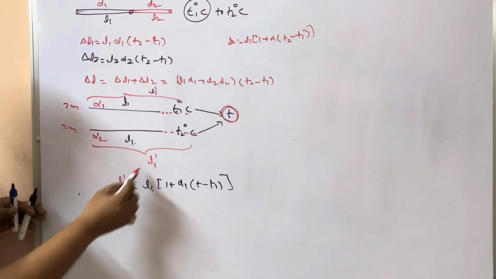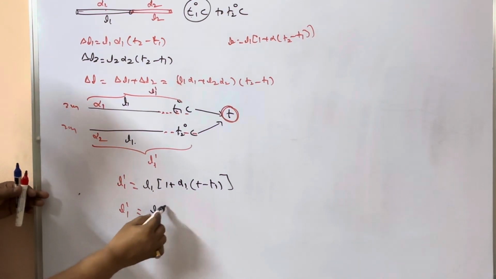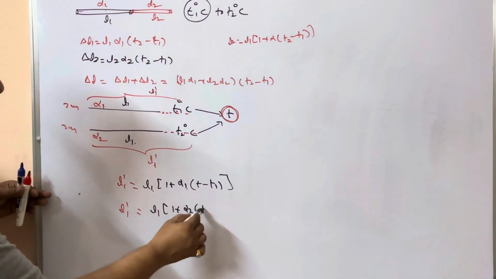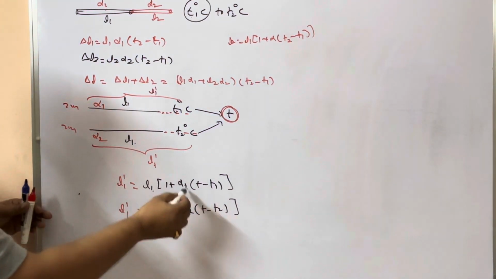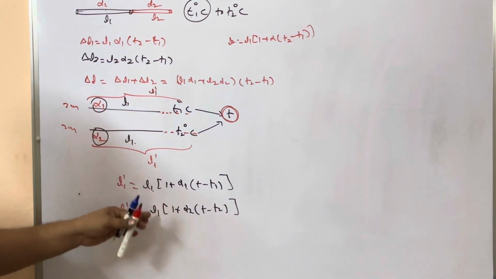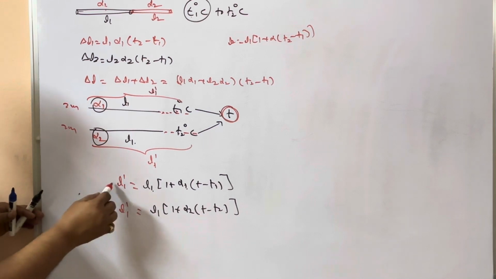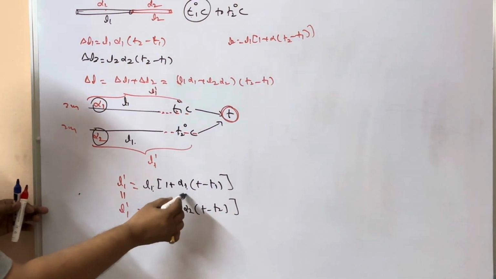Now again, what is this L2 dash? Because lengths are the same, initial length L1, 1 plus alpha 2 T minus T2. So why we wrote alpha 1 differently is that they have given different materials. If they give different lengths, we will take different lengths here. Now these two are the same, they said. Therefore, if we equate, these two are also equal.